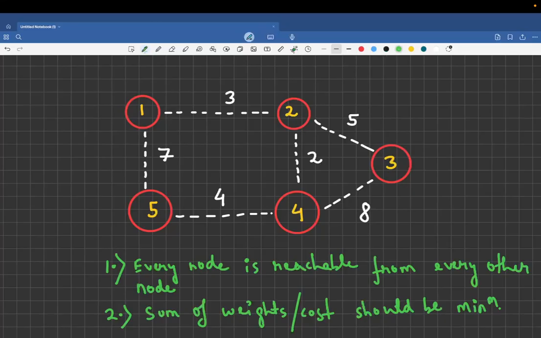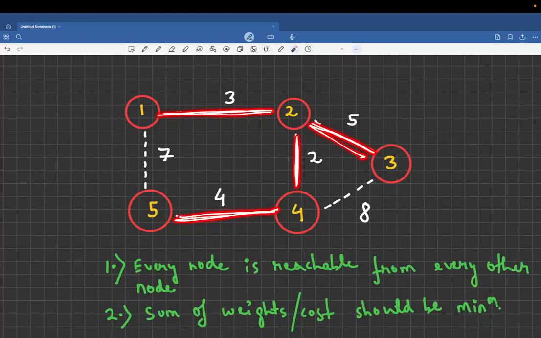So let's try to understand with the help of this particular example. In this example, if I repair the road between nodes 1 and 2, between 2 and 4, between 2 and 3, and between 5 and 4, you can simply see that every node is reachable from every other node, because every road is a two-way road.